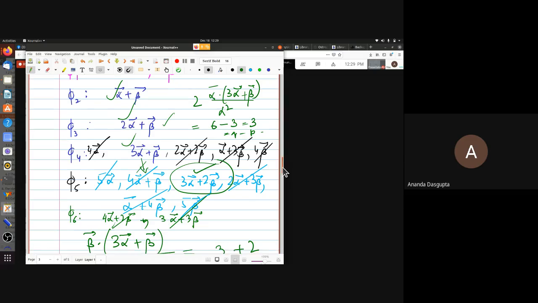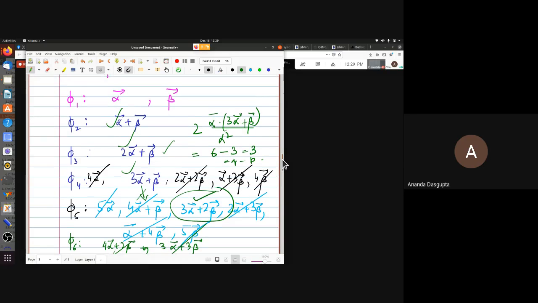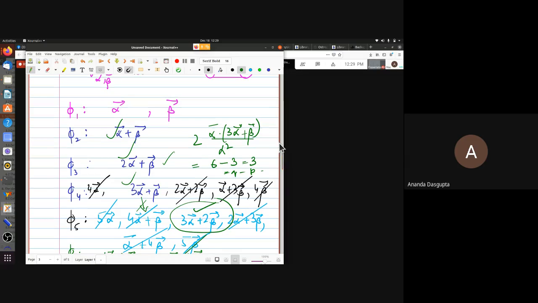Hopefully. So now, can anybody tell me how many generators this G2 has? 8. Why? Because we have 2 from the simple roots, alpha plus beta, 2 alpha plus beta, 3 alpha plus beta, and 3 alpha plus 2 beta.